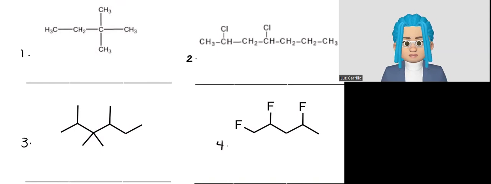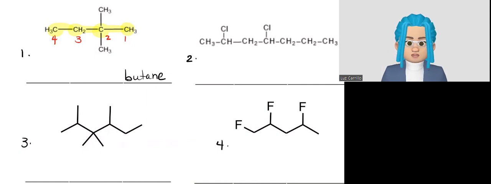I'm specifically going to be working with 1 and 3. On molecule number 1, when I'm trying to find the parent chain, I have 1, 2, 3, 4. I am numbering right to left because that's the end that is nearest the substituents. My parent chain is called butane.